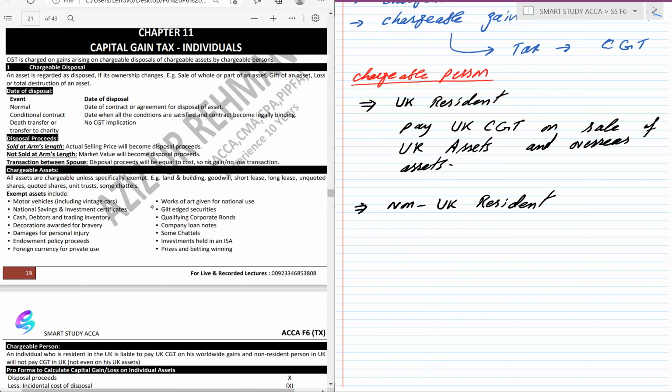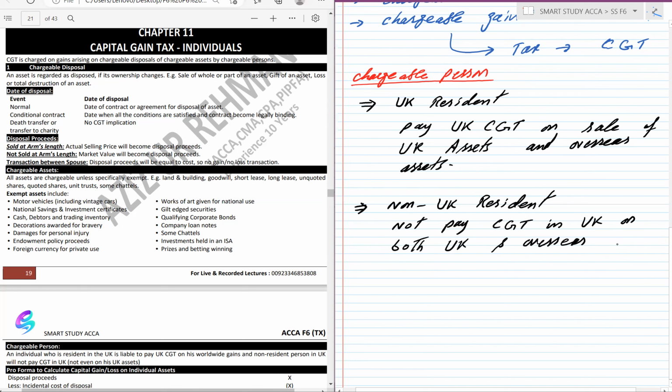But if an individual is non-UK resident, he will not pay CGT in the UK on both UK and overseas assets.